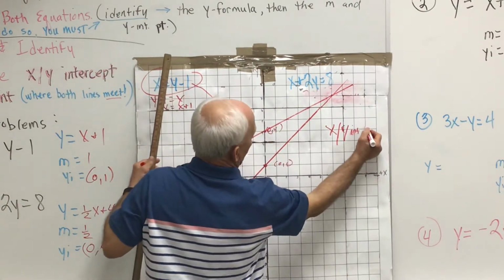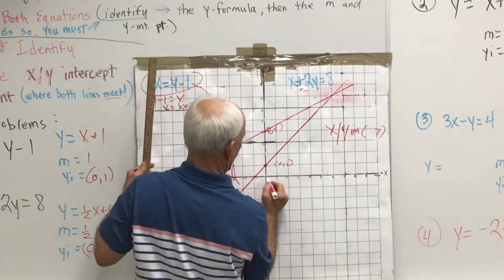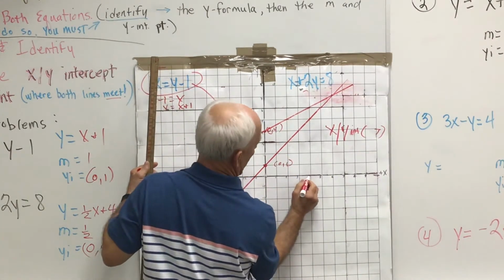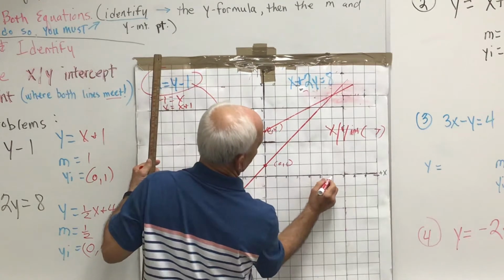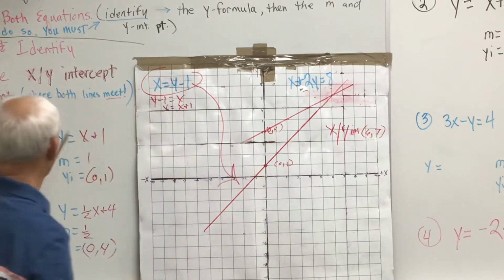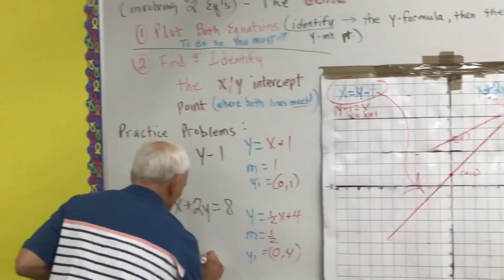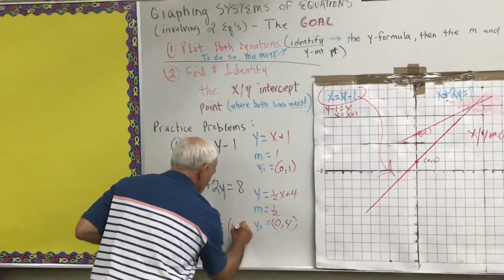For y, it's going to be 7, right? And for the x, it's going to be 1, 2, 3, 4, 5, 6. All right, there we go. I found my xy intercept is at 6 and 7.